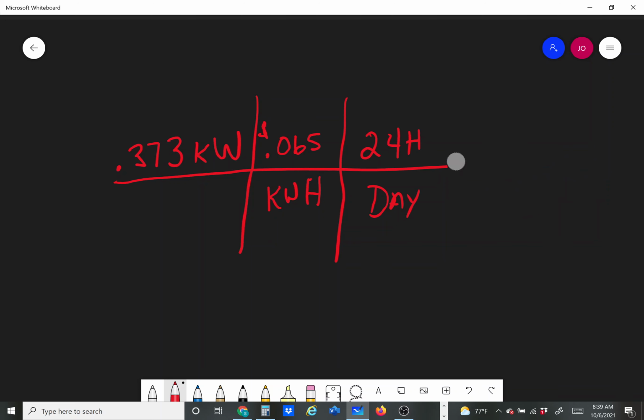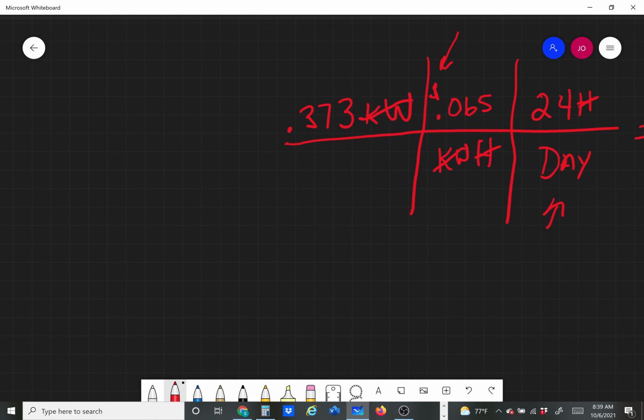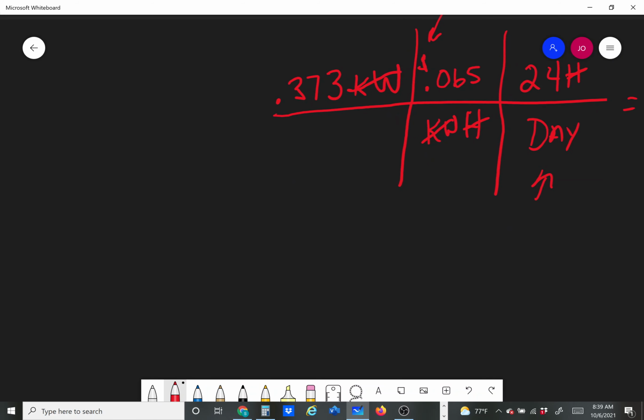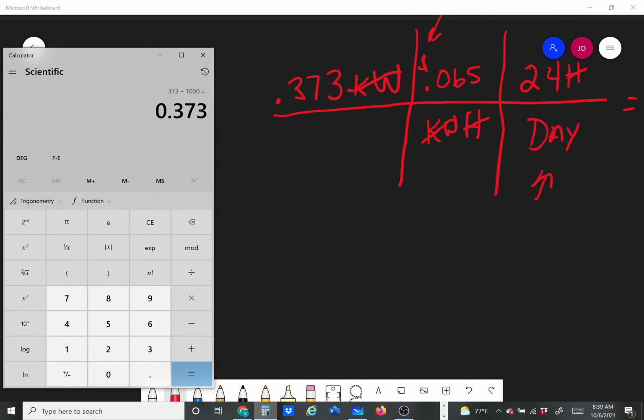So when I look at this, I can cancel out my kilowatts. Those kilowatts and those kilowatts cancel. Those hours and those hours cancel. And now I'm left with dollars per day. That's exactly what I'm looking for. So, going back to trusty calculator, I have that 0.373 in there still.